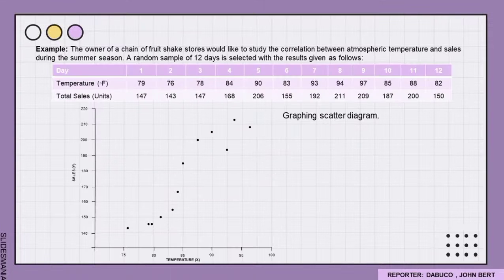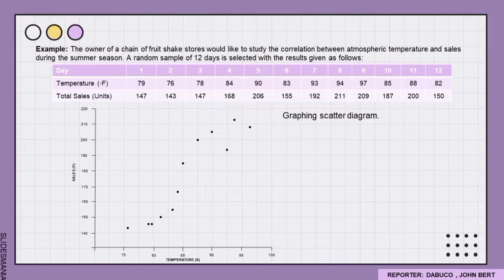For example, the owner of a fruit shake store would like to study the correlation between atmospheric temperature and sales during the summer season. A random sample of 12 days is selected with the results given as follows.